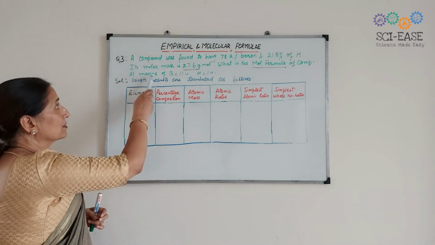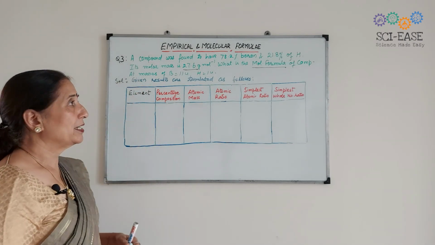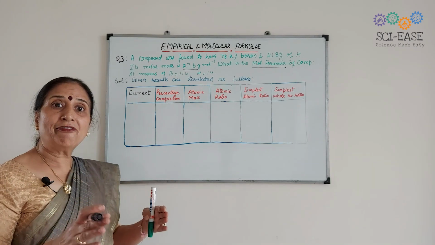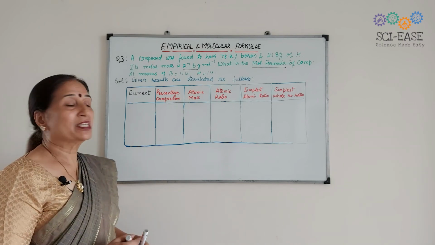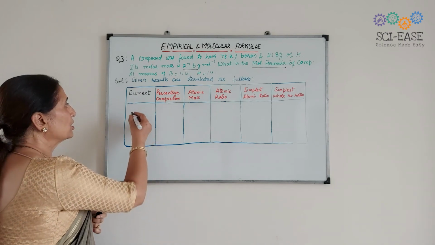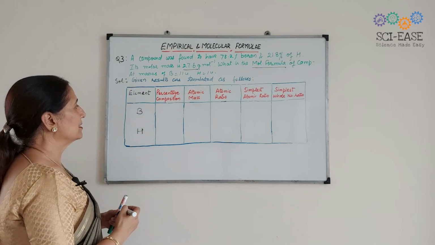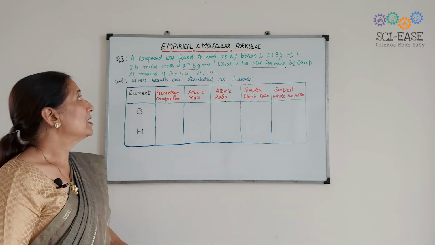Here the atomic masses of boron and hydrogen are given. Now first we have to identify the names of the elements present. So the element boron and hydrogen, they are present here. Okay.